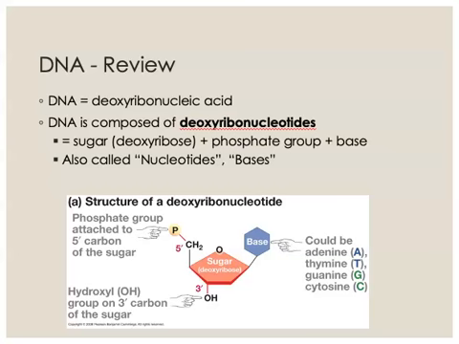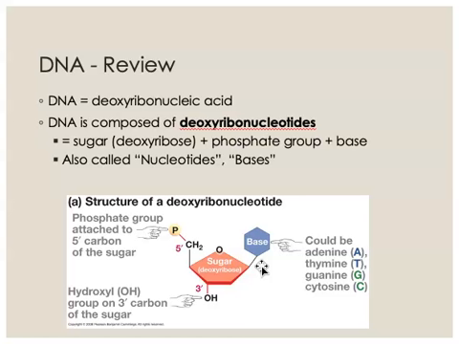If you look at the diagram on the bottom of the slide, and this is a diagram you've seen before, this is the 5-carbon sugar, and it is called deoxyribose. This is the phosphate group, and this is the base. And remember, that base could be one of four. It could be adenine, thymine, guanine, or cytosine.